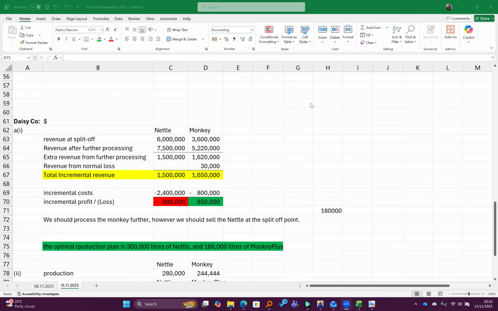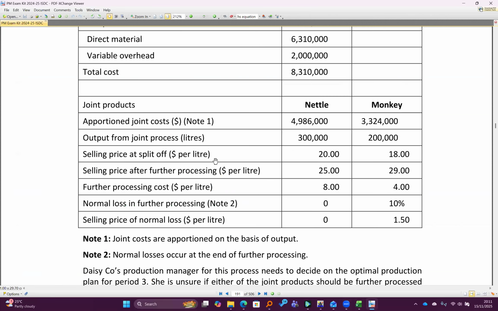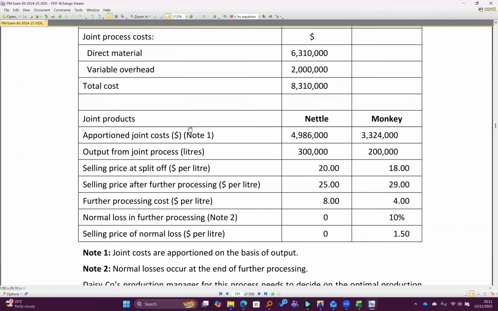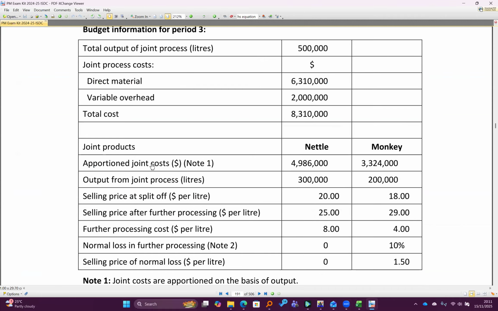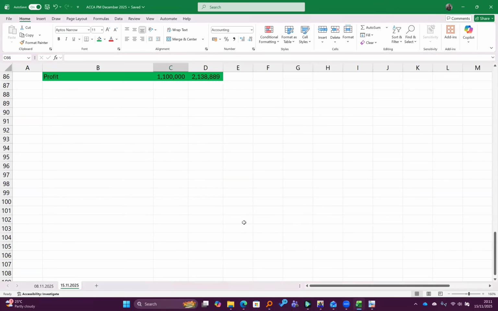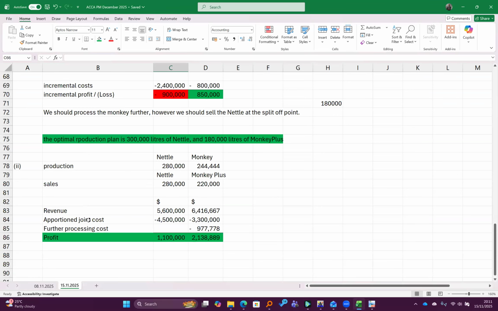So now, one thing you should notice, which we are going to answer in the other part, is that when we did the first part, we didn't talk about joint costs. They had said these are the apportioned joint costs, but we didn't look at them. Whereas here, to get the profit, we have brought joint costs in.